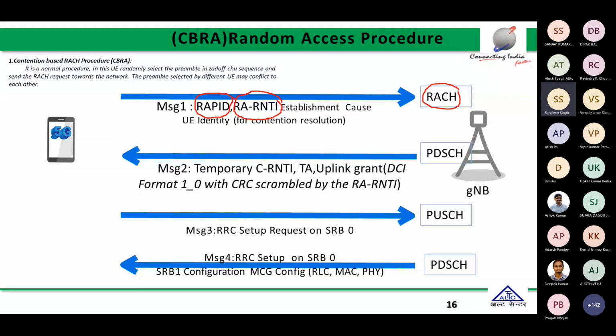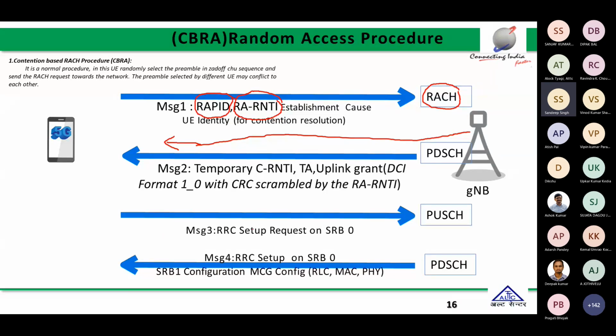And the gNodeB responds with the RAPID and RA-RNTI in message 2, by measuring the signals, the random access sequences, and sends them in the random access response.